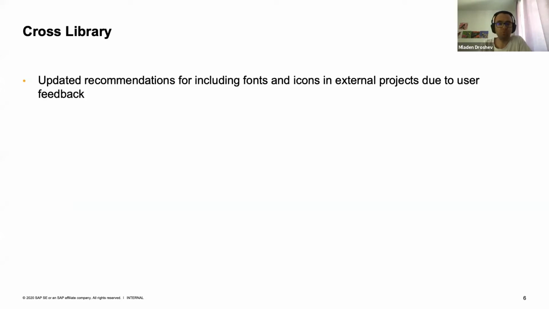There's nothing much to be presented, but Jenna, do you want to say a few words? Sure. I wasn't prepared to talk about this one, but we updated our recommendations for how to include fonts and icons for external projects. We originally recommended that consumers of our various libraries get the fonts and icons from the SAP Theming repository.